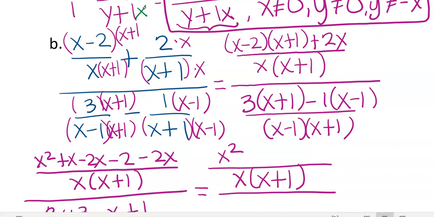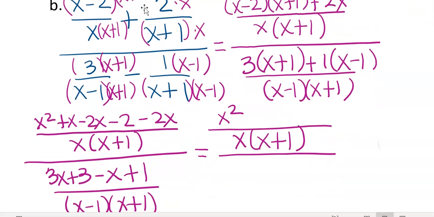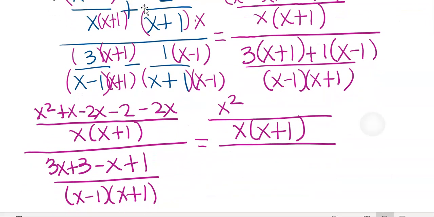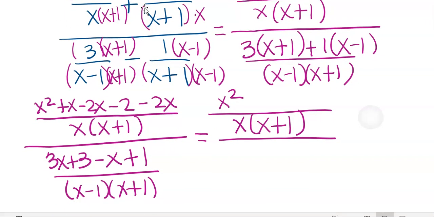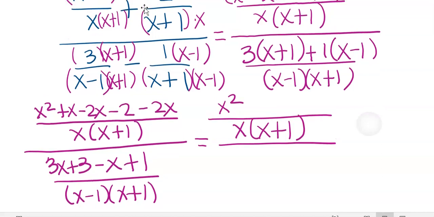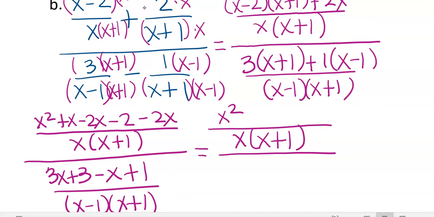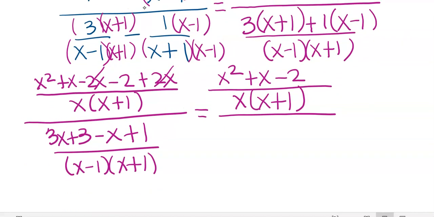This should be a plus. There we go. x squared plus x minus 2. Denominator should be 2x plus 4.